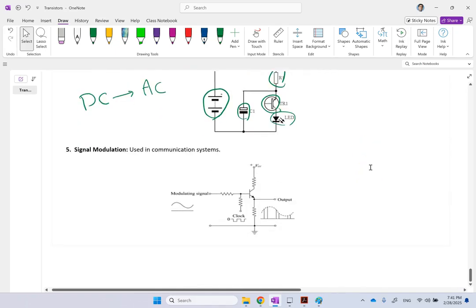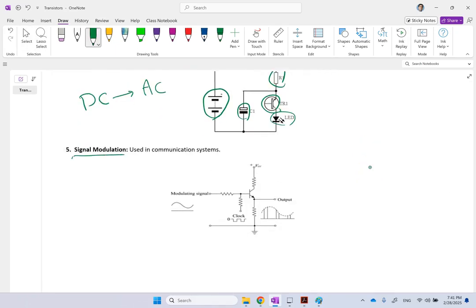And then, of course, signal modulation. So basically, you have a pulse and you have the modulating signal, which is like a sine wave or something. And you want to convert these pulses into the form of this modulating signal. In other words, you want to get pulses for which the height of the pulse comes from the shape of the modulating signal.